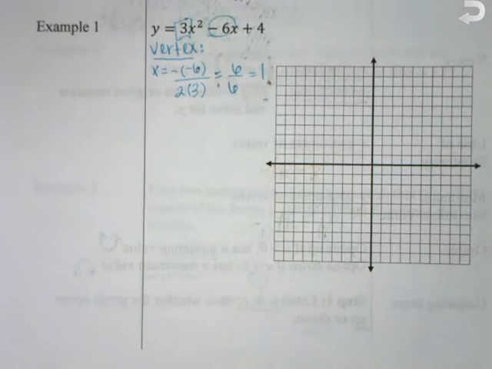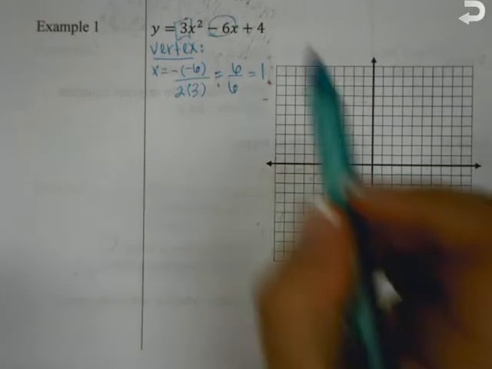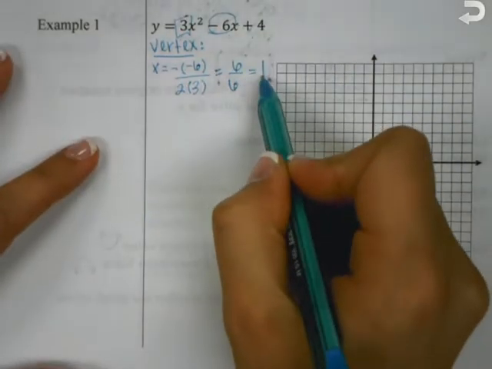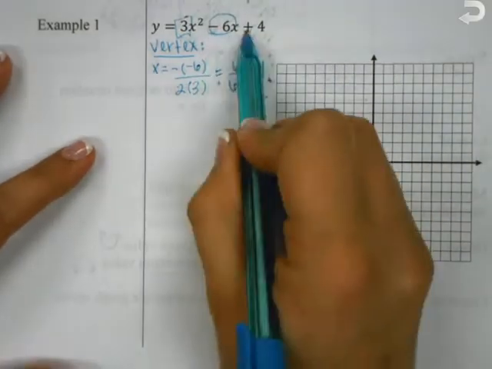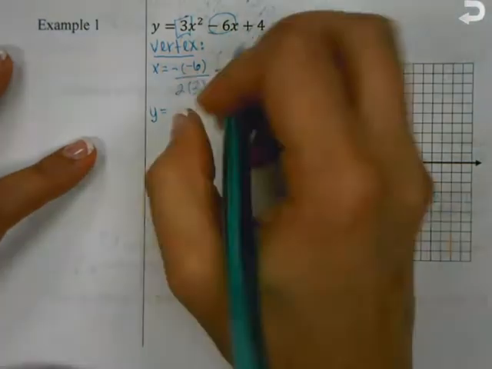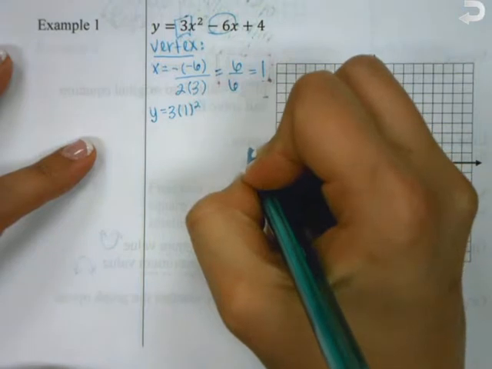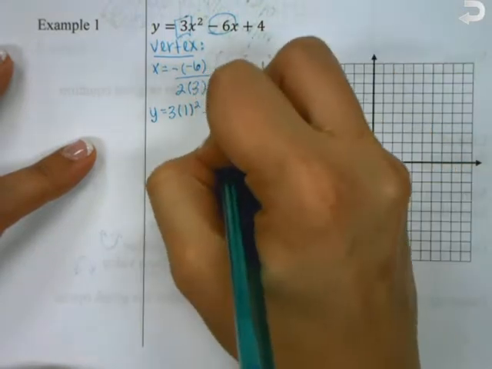Plug it back in. So we're going to take this and plug it into the equation to solve for y. So y equals 3 times 1 squared minus 6 times 1 plus 4. This is when c comes into play, because it makes a difference on what y spits out. Okay?